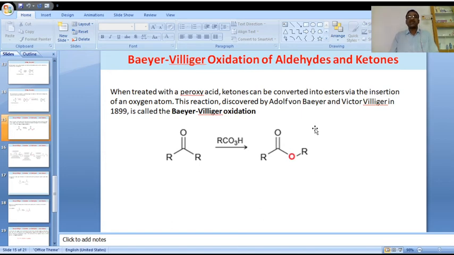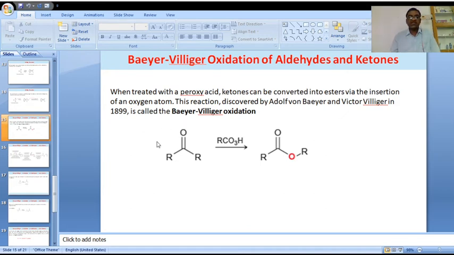This reaction was discovered by Adolf von Baeyer and Victor Villiger in 1899. Because both scientists discovered this same oxidation reaction, it is called the Baeyer-Villiger oxidation reaction.